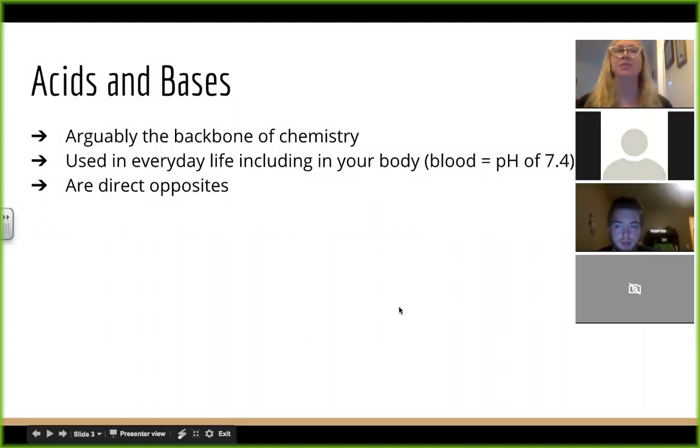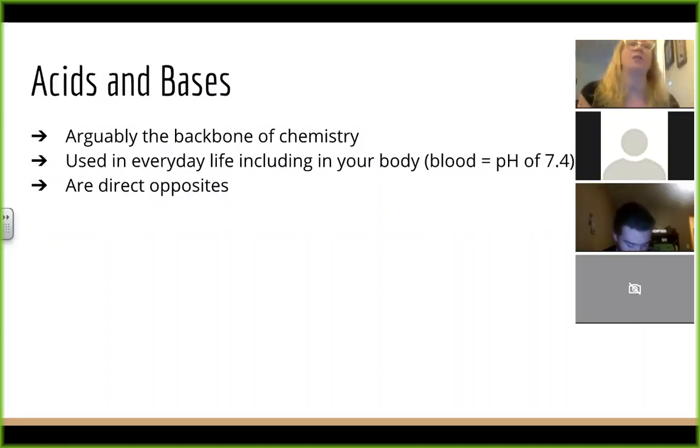So acids and bases, right? Just a little bit of background about them before we get started here. Arguably, this is the backbone of chemistry, right? A lot of stuff involves acids and bases and the reactions that they have together. In fact, there's a whole section of chemistry called titration, where you're just mixing acids and bases and trying to make them neutral. And it's really hard, actually. They're used in your everyday life, right?